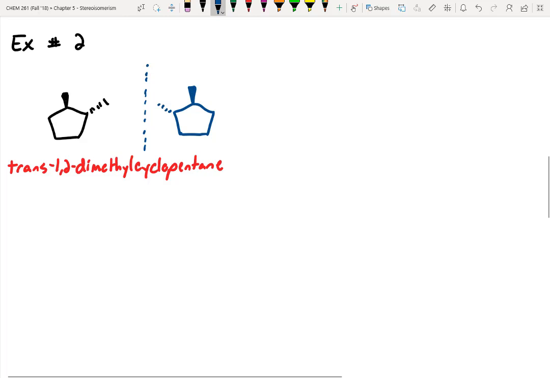All right, if we look at this, they're not aligned in the same orientation, right? But what we can do, just like we did before, is rotate this and spin it around so that those methyl groups are now aligned. I've spun it about 60 degrees. The methyl groups are now aligned with the original starting molecule.